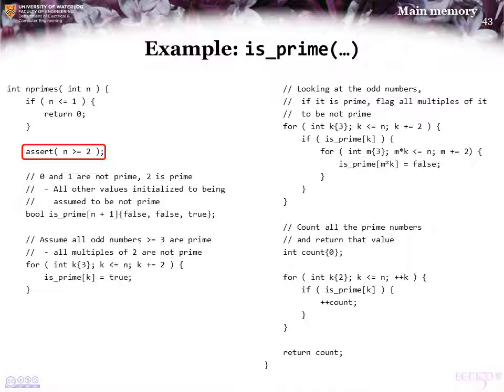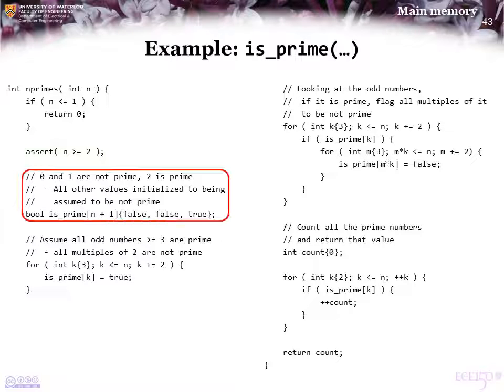Just to be sure, I'm going to assert that n is greater than or equal to 2. So this would require me to include the cassert library. Here I am declaring an array of size n plus 1, because you'll remember that arrays are indexed from 0 to n minus 1, but in this case I want to have an array of bool where I am going to access the kth entry of that array to determine whether or not k is prime.